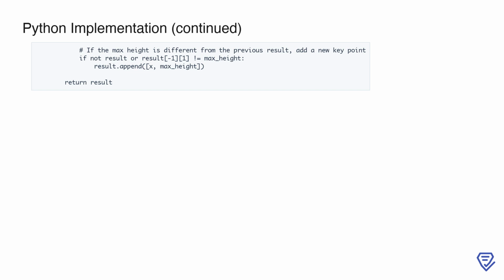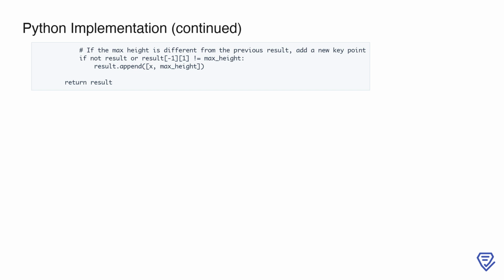Here, we would typically remove the building from the heap, however, this part is simplified for clarity in the current code. After updating the heap, we extract the maximum height from the top of the heap, which represents the tallest active building at the current x coordinate. If this maximum height differs from the last recorded height in the result list, it means the skyline shape has changed, and we append a new key point to the result.